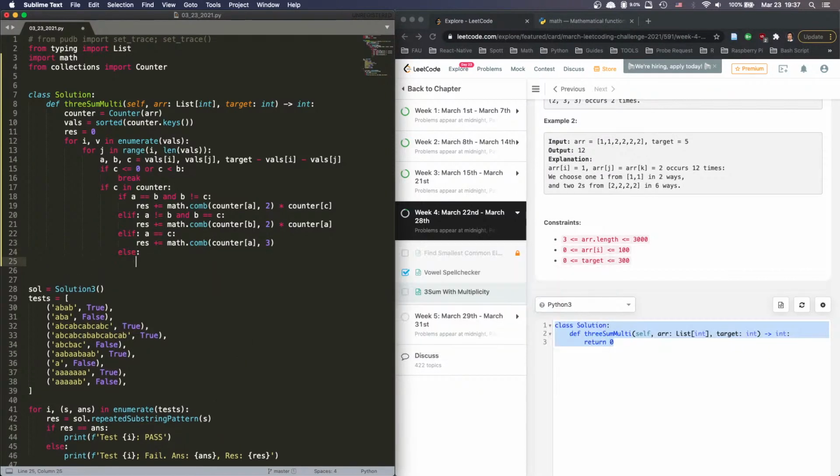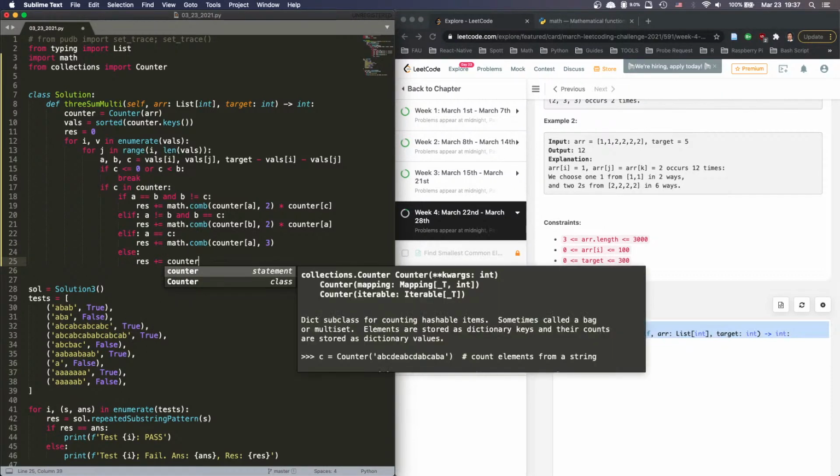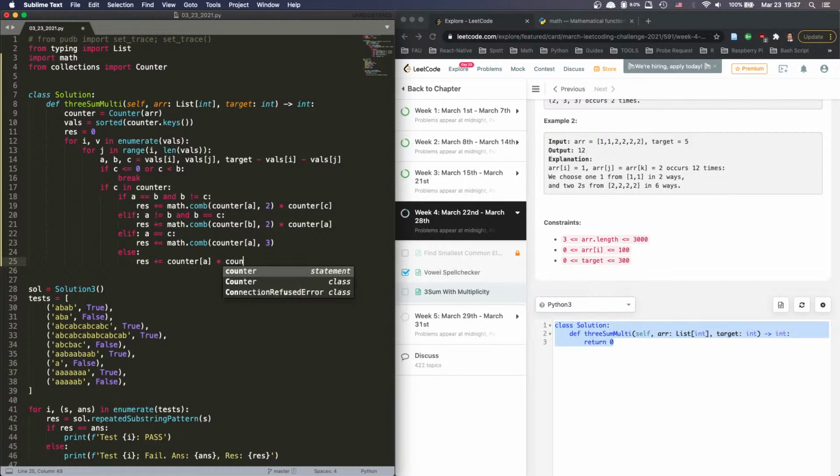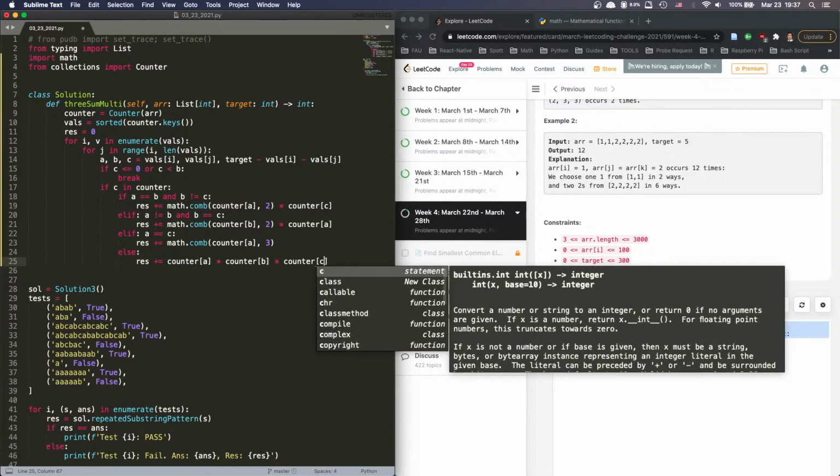Else, they are all not equal, none of them is equal to anybody else. Then counter A times counter B times counter C.